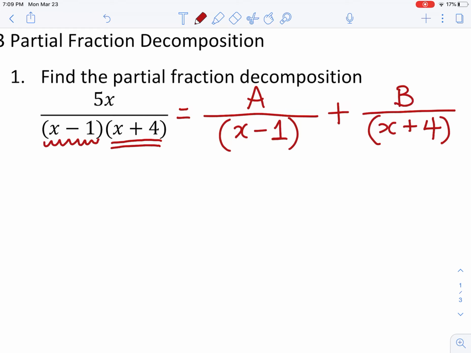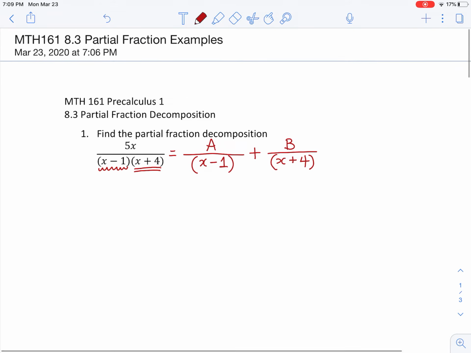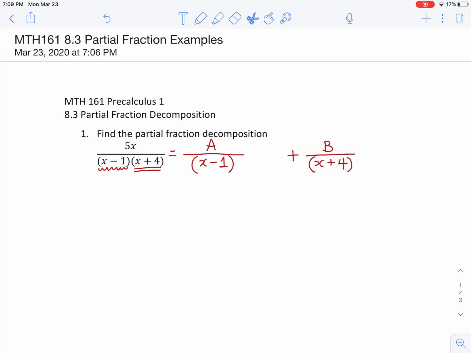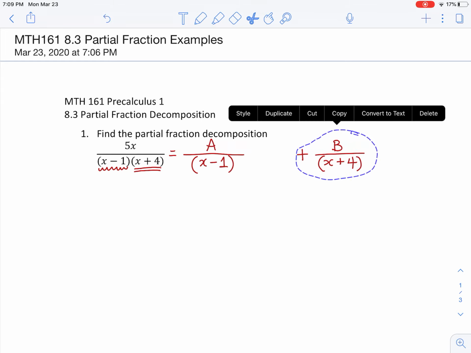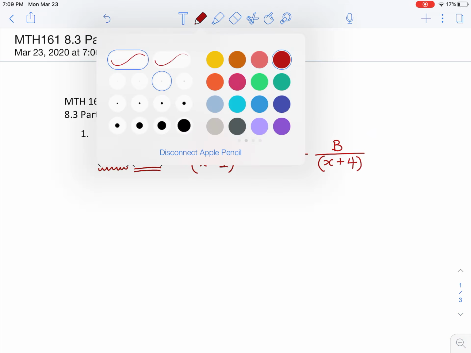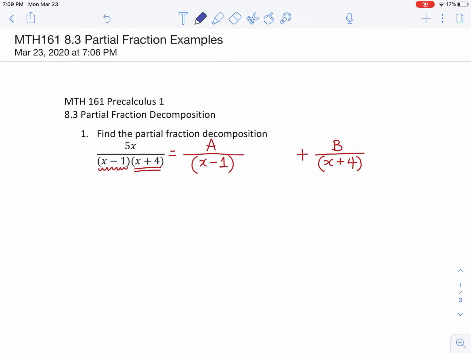You're not doing anything with that 5x just yet. Just put A and B. This is how we're going to get started on these partial fraction decomposition problems. Now, this is what we're going to do to both sides. Let me go ahead and move this one slightly to the right because I have a plan. What we're going to do to both sides is multiply both sides by the denominator of the left side.